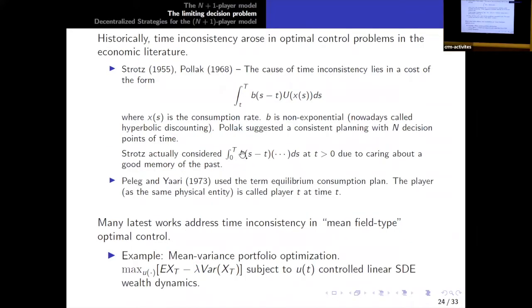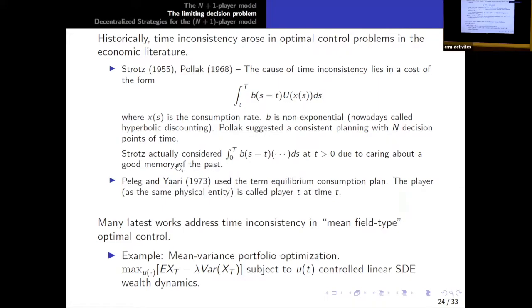So here is a little bit of a story about the early literature. Okay, how people discovered this problem. Okay, actually, in the very early paper of Strotz, he considered an optimal control problem or planning problem with a cost like this.